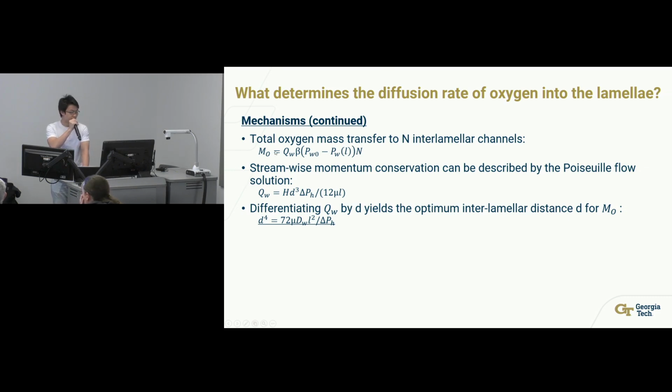After combining all the equations above and differentiating by the width of the structure, we can get the optimum interlaminar distance, which is this. As we can see here, the parameter d is up to the order of 4, which means that it's pretty insensitive to changes of other parameters, including the length of the structure and the pumping pressure.